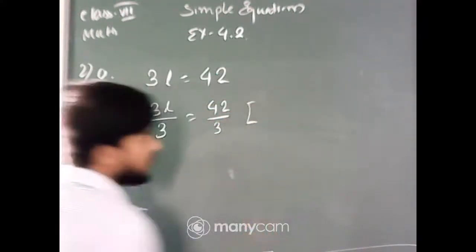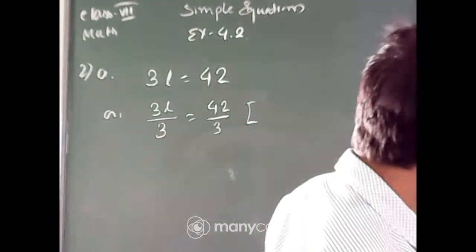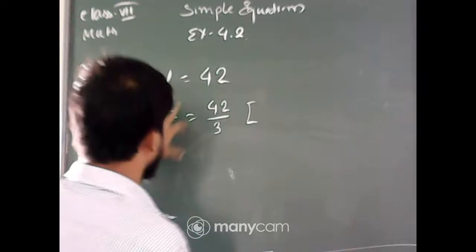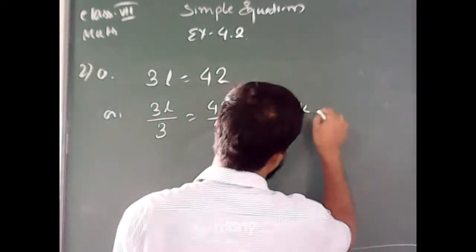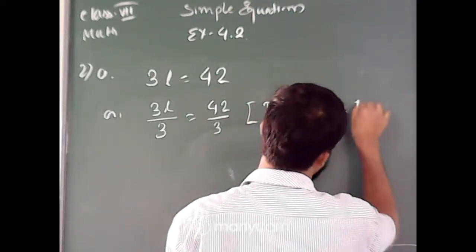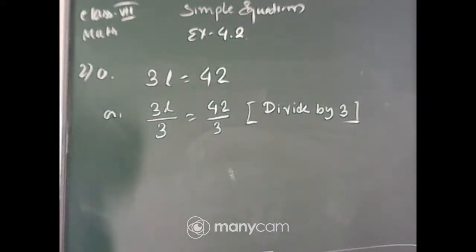We will write the reason: divide both sides by 3. Dildar, not by 4, divide by 3. On both sides we are dividing it by 3.